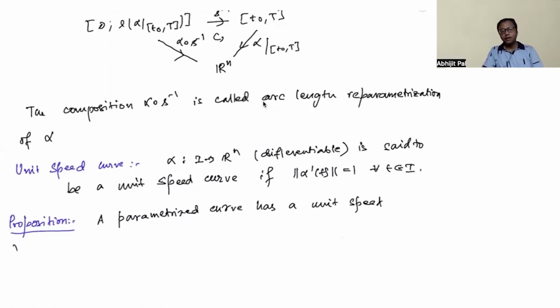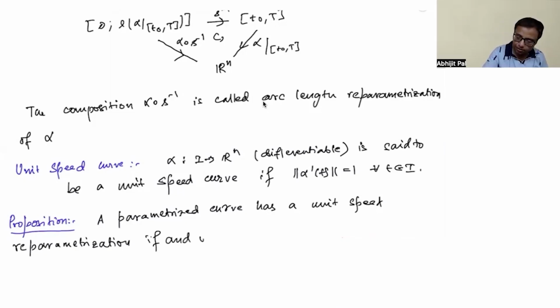Okay. So suppose you are given a regular curve, it can always be reparametrized in a way such that it will be a unit speed curve. Okay. So let us see how to do this.